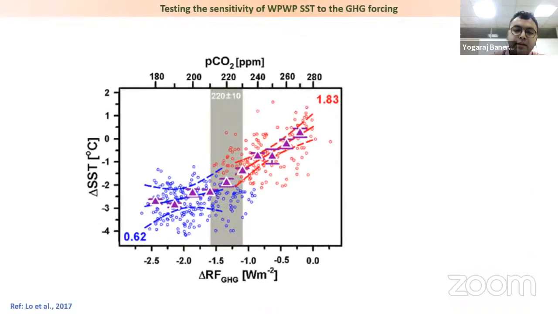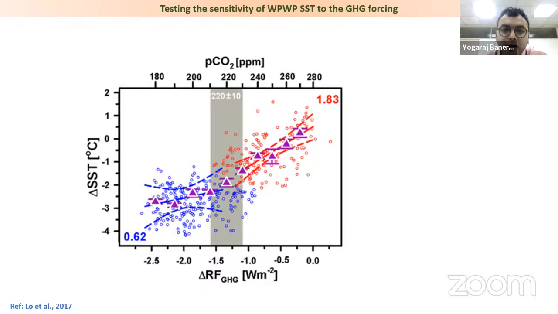Then there was a sensitivity test for the temperature with respect to the greenhouse gas concentration. The authors did a cluster analysis and segregated the data into two clusters.